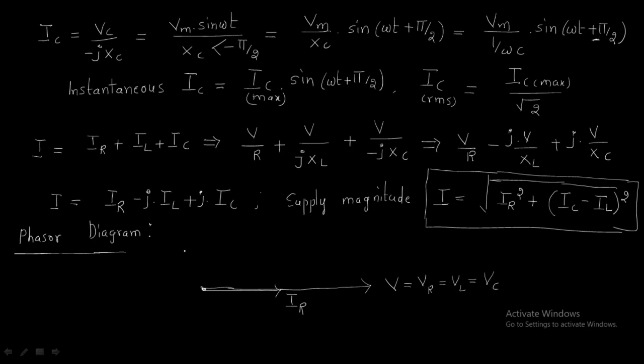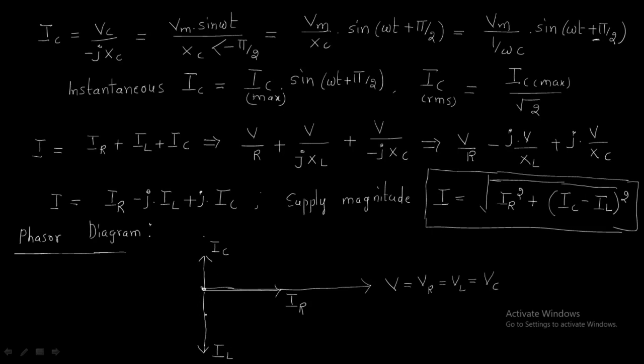leading. So draw the capacitive current here. This is the capacitive current. The inductor current is at minus 90, so that's why this is the inductive current.